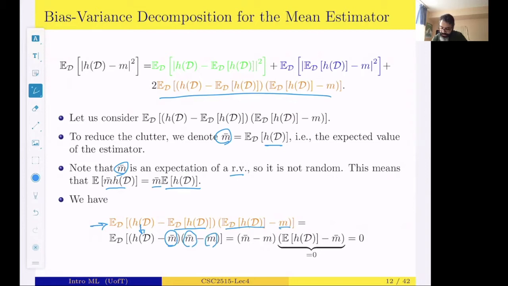This term, the green one, is not random. There's nothing as a function of the data set here, so it comes out of the expectation. So we get m bar minus m times the expectation of what remains here.